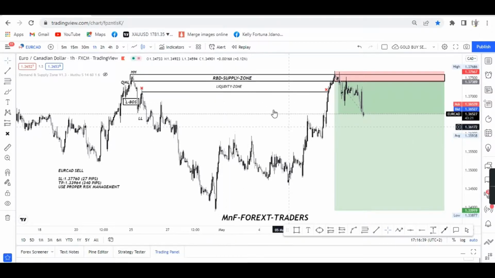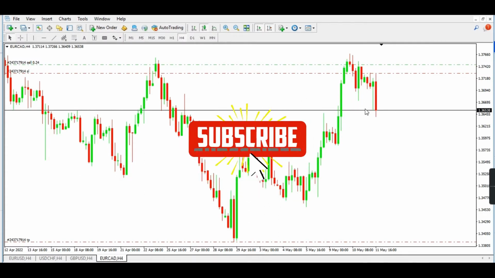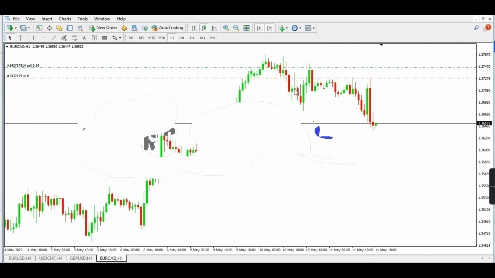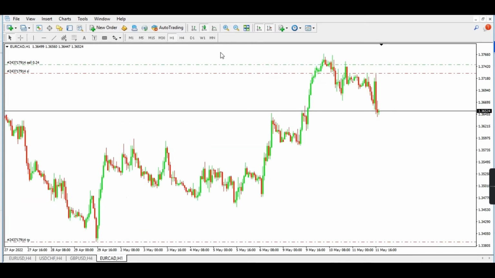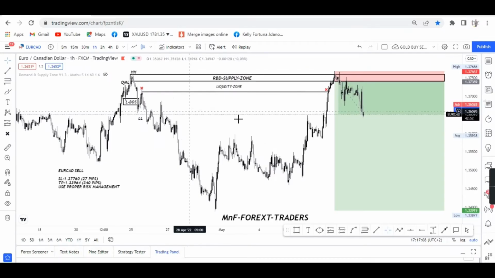See, the market never moves in a straight line. It's always like this. It moves up, it moves down. However, if you are emotional, or if you're not letting the market do what it has to do, you get out immediately. The market comes here, you get out, and then what happens? The market continues to go down, right? So always give yourself a chance to win. Let yourself win. Let the laws of probability play out.